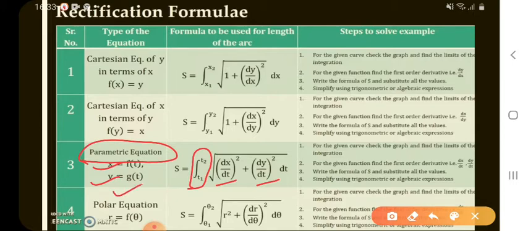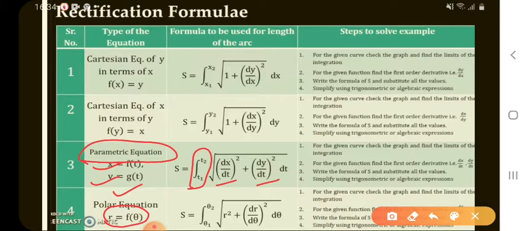Last one is polar form. In video 1 we already solved one problem based on this formula. Polar equation means the function contains r and theta. First we draw the graph of the given curve and find the limit values of theta, say theta 1 and theta 2. After that we differentiate r with respect to theta.